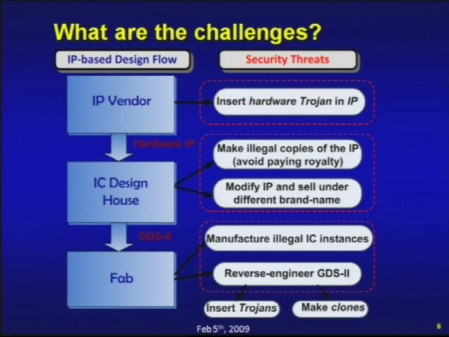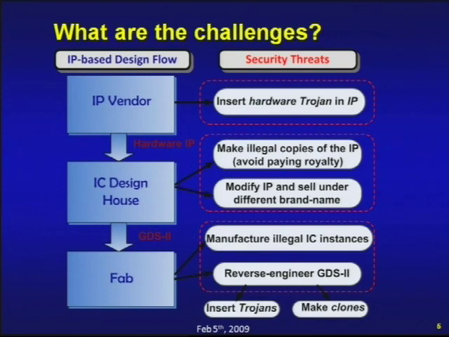violate copyright. And finally, in the fabrication facility, there can be hackers or potentially untrustworthy people who can manufacture illegal IC instances and sell them to the market, so that they again avoid paying royalty to the design house. Or even post fabrication, once you purchase the IP or a hacker purchases the IP, they can reverse engineer the file.